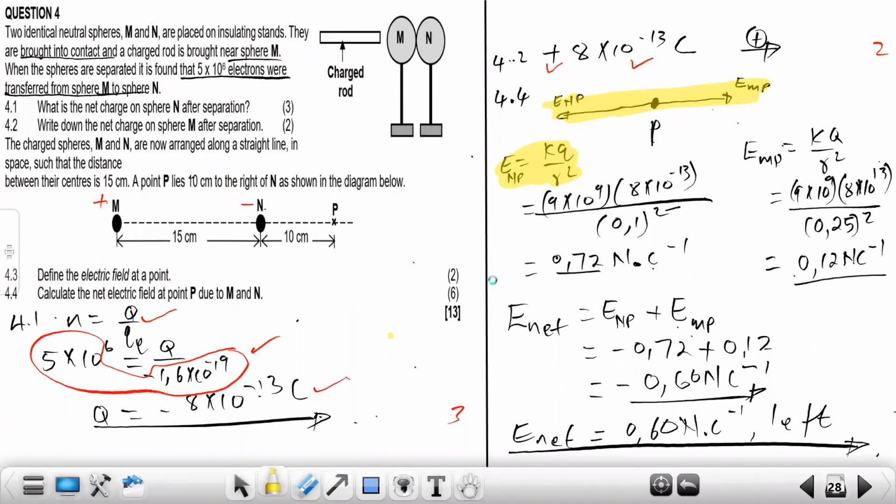But because they are telling us they are moving from M to N, it tells us that M is going to be more positive. When you are losing electrons, you become more positive. But if you are gaining electrons, in this case N is gaining, it becomes more negative. Hence, we got it as negative. So kindly be on the lookout for that.